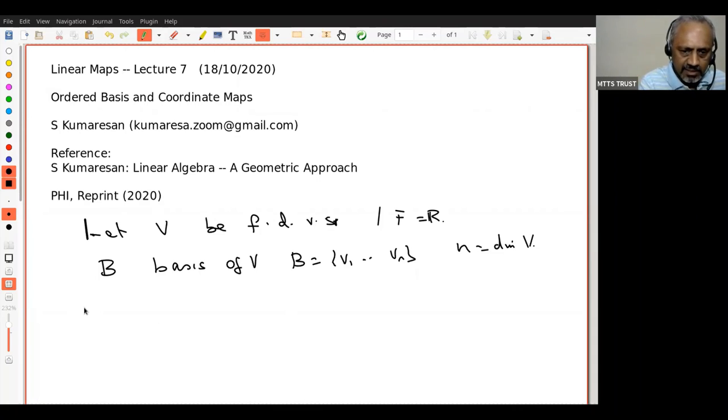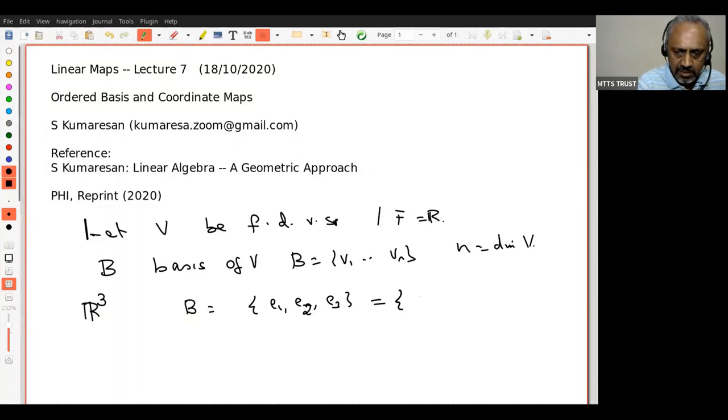Let us try to understand. Let us look at something like R3. With the standard notation, e1, e2, e3, this is a basis, the standard basis, where e1 is, as usual, 1, 0, 0, etc. Notice that this is the same as saying e2, e3, and e1, also equal to e2, e1, and e3, whatever you want.